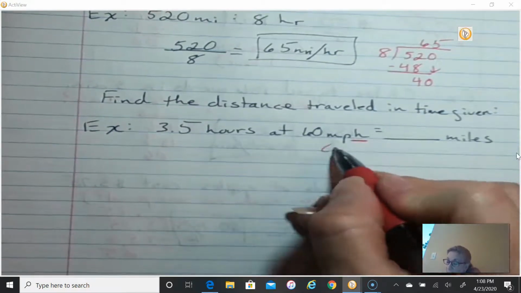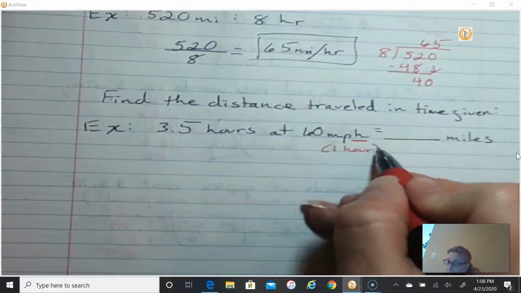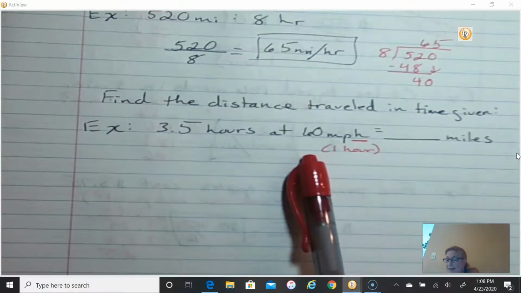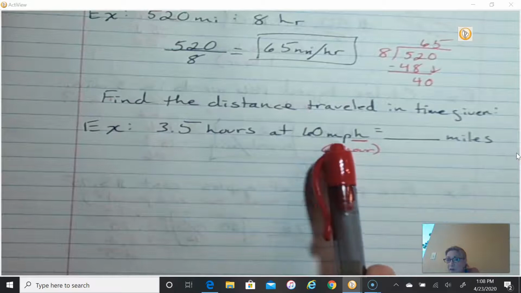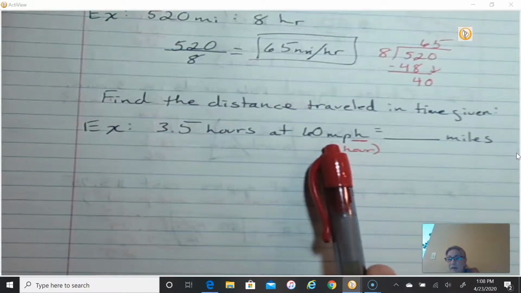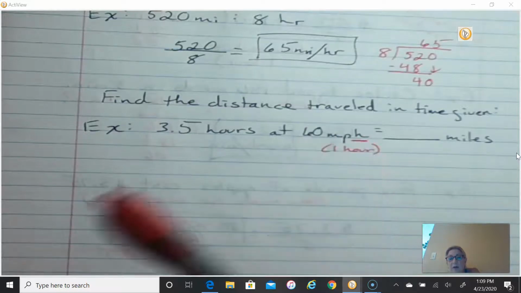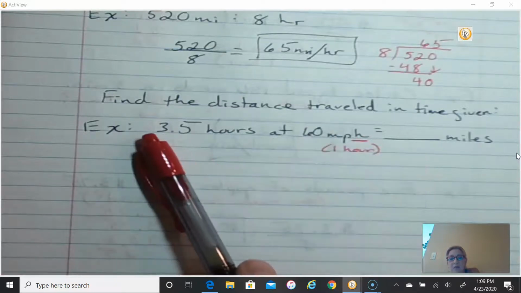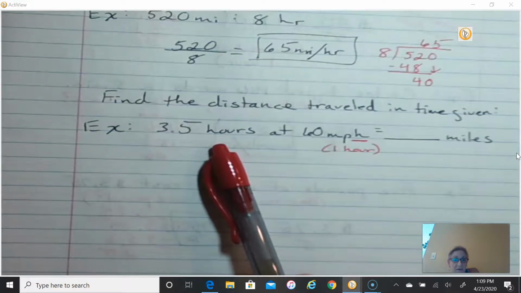That's 1 hour. So 60 miles for 1 hour. That's what that's read. You can go 60 miles for 1 hour. They want to know how many miles in 3.5 hours.